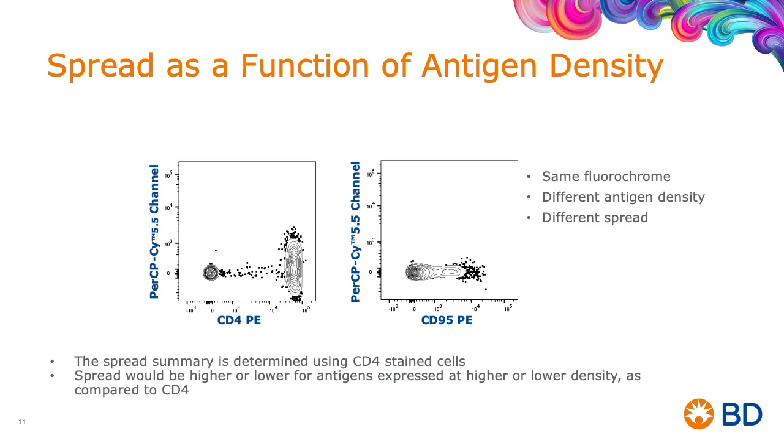We need additional thought process and understanding of biology in order to minimize that effect. And in this case, we can simply minimize the spread from PE into PerCP-Cy5.5 by matching PE with the low antigen expression marker. And this is a concept that we will reiterate later in the presentation.